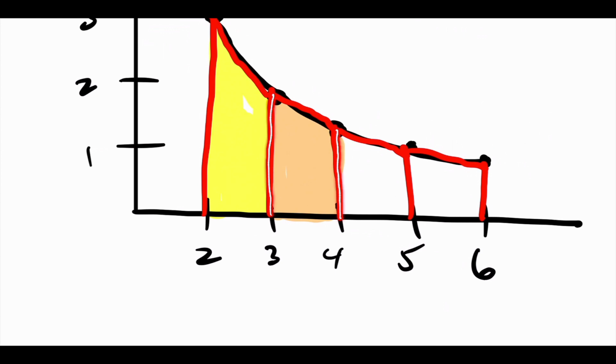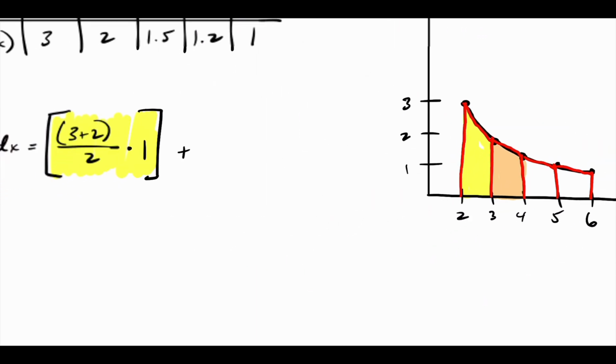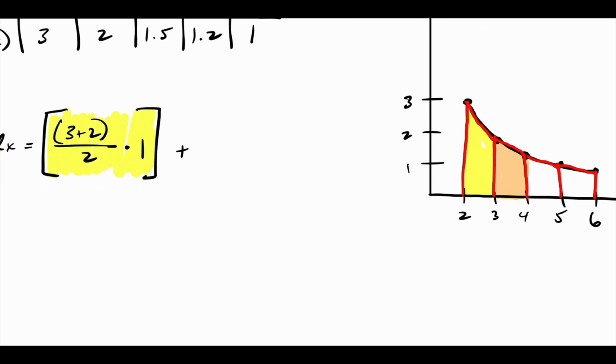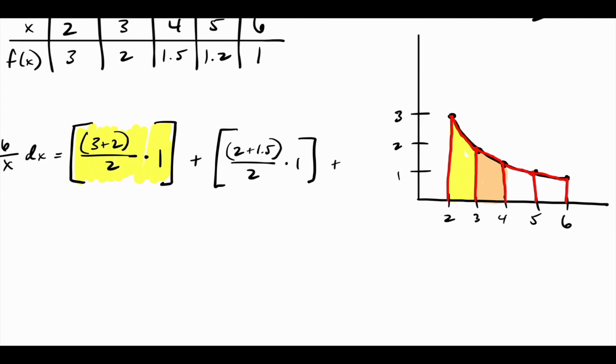Base 2 is, I think it was 1.5, yeah. So it's going to be 2 plus 1.5, divided by 2 times the width, which is 1. Next one.